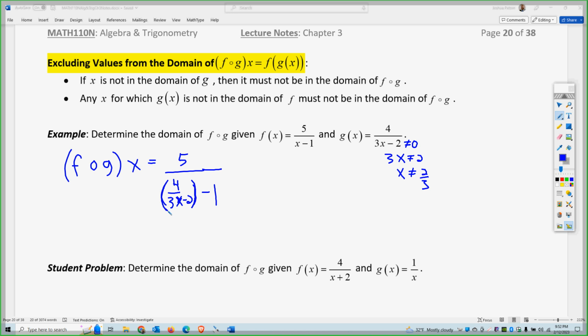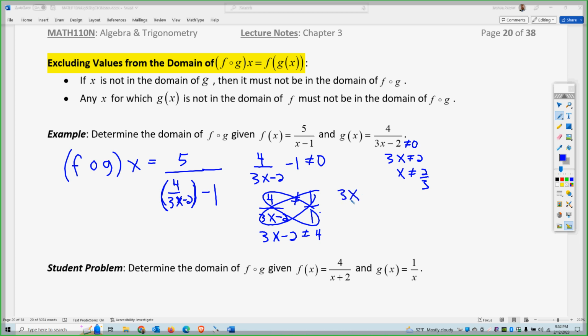So essentially, 4 over 3x minus 2 minus 1 cannot equal 0, or 4 over 3x minus 2 cannot equal 1. So if I cross multiply here, I'm going to get 3x minus 2 cannot equal 4, right?